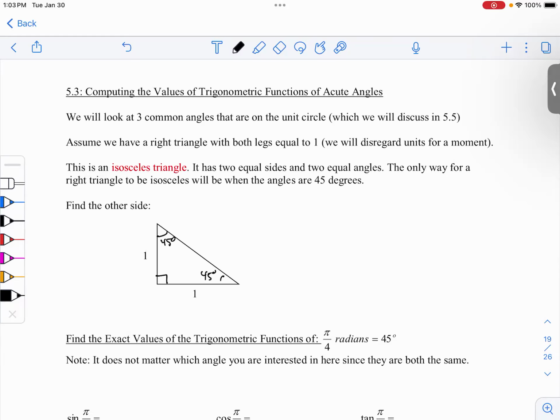Then, because I'm going to find all the trig functions, I need to identify this missing side. And what magical theorem do we get to use? Pythagorean theorem. 1 squared plus 1 squared equals h squared. So h equals root 2.